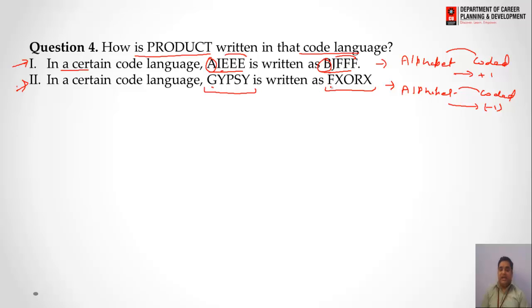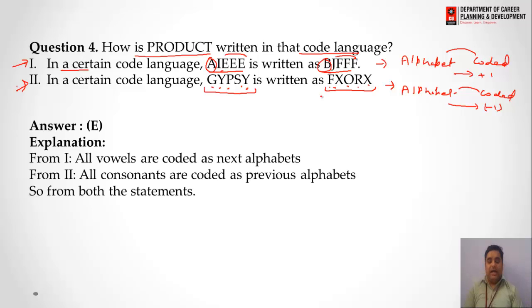As G is written as F, Y is written as X, P is written as O, S is written as R, and Y is written as X. Hence, both statements individually can answer the question, as both statements use different patterns to get the code from the given word.